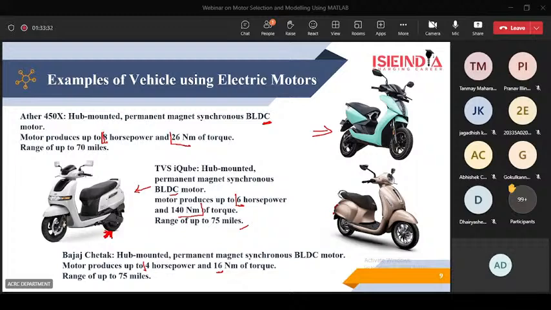Maybe this difference is due to the weight of the vehicles and also the battery pack. Maybe the Ather is using a battery pack of different capacity, and the TVS is also using a battery pack of different capacity, and there will also be some differences upon which the motors of different ratings are being used in the Ather as well as the TVS.